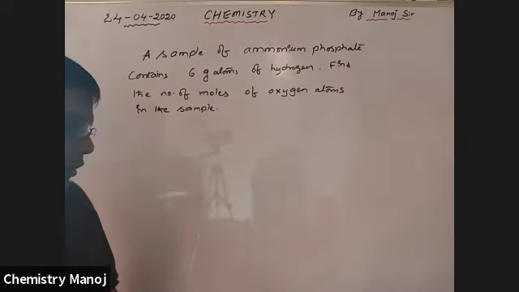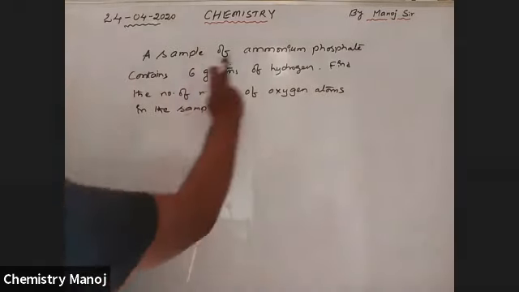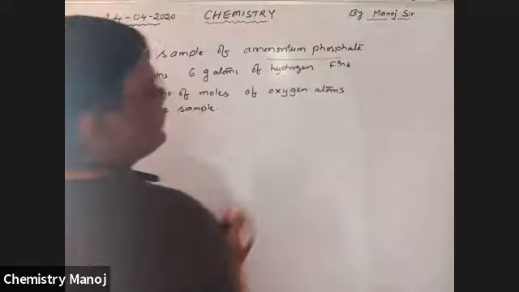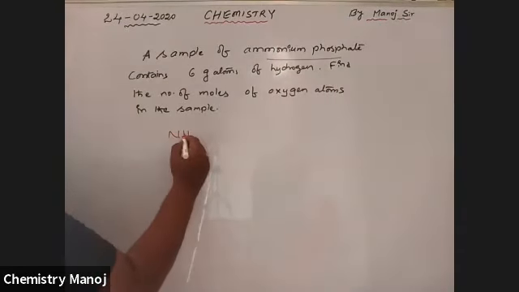Okay. Now I am going to explain. A sample of ammonium phosphate. What is the formula for ammonium phosphate? Ammonium means NH4 plus ion.